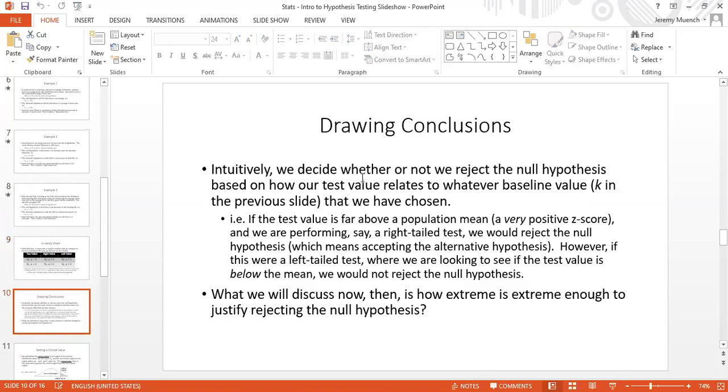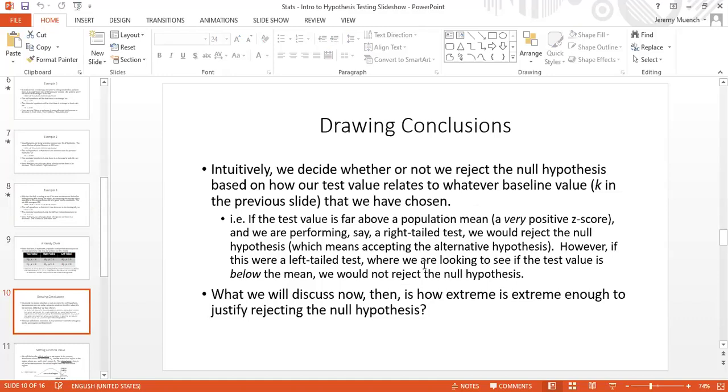The idea here is that we're deciding whether or not to reject the null hypothesis based on the evidence that we've gathered, and specifically how that evidence suggests what difference there is between our sample value and our k, our baseline, and whether that suggests that something significantly different is going on.